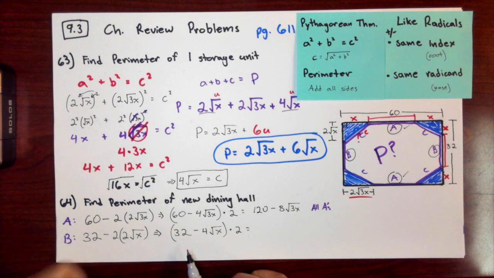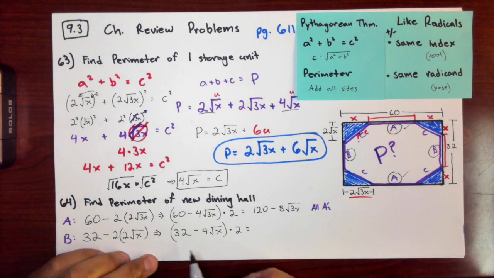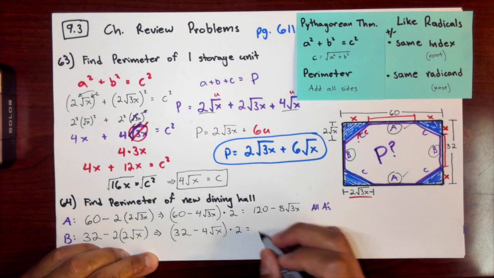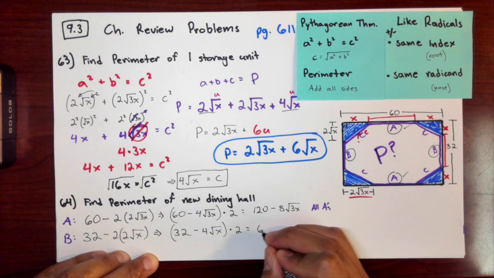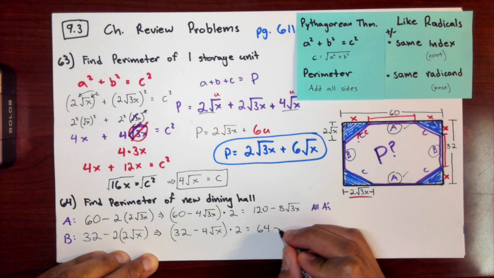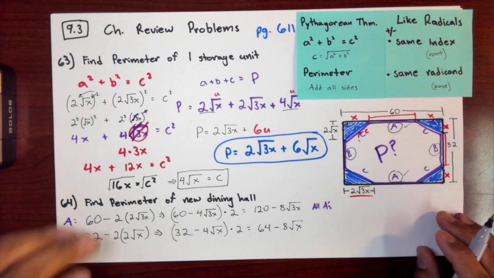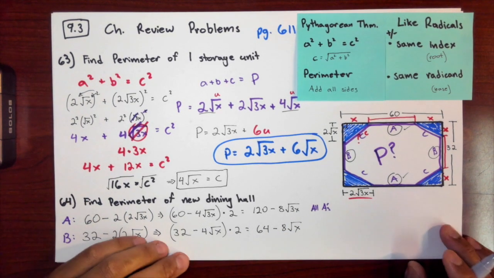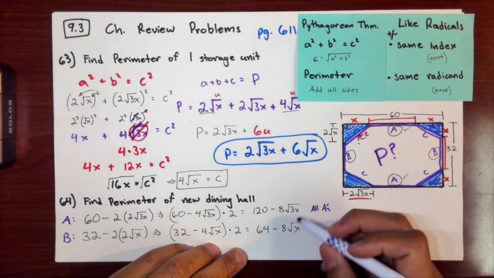Once we multiply that value times 2, we're going to distribute that 2 into both of these. So 32 times 2 is going to be 64. And then negative 4 square root of x times 2 is going to be negative 8 square root of x. Okay, so once we get that, those are all the b's.